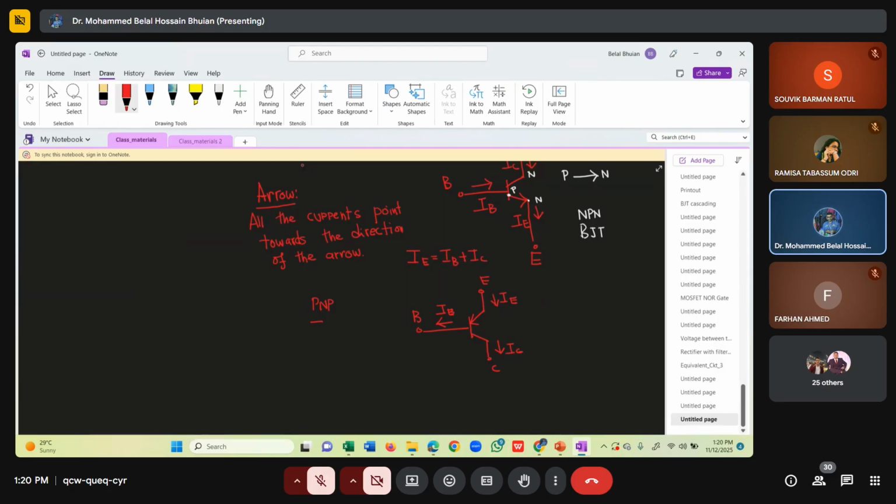What does that mean? For PNP BJT, emitter current is entering, pointing in the same direction as the arrow. Base current is leaving, collector current is leaving. The same relationship holds for both cases: IE is equal to IB plus IC. Then again, the arrow tells us this must be our P side and this must be our N side. So that is the PNP BJT.